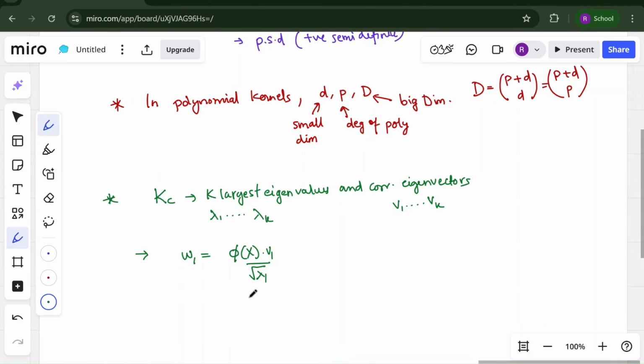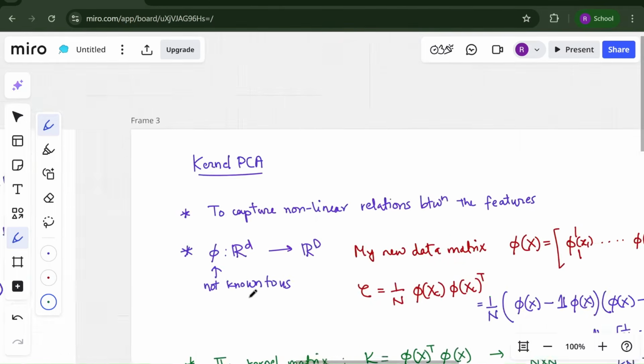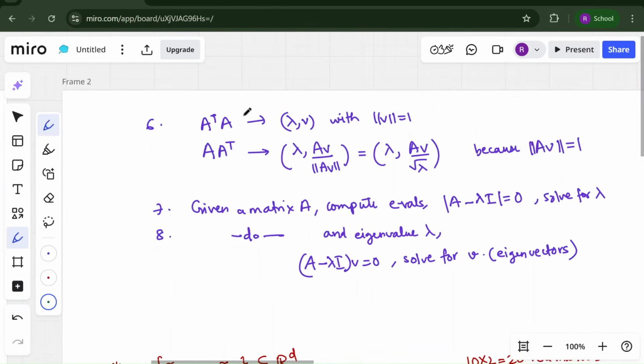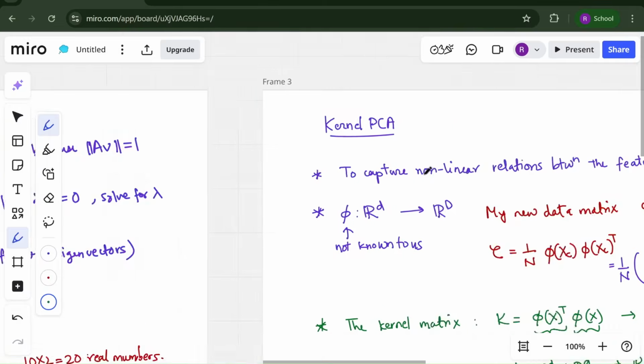How did I get this? Go back to this: if A transpose A has eigenpair lambda and V, then A will have eigenpair lambda and AV by under root lambda. The same thing I'm using.